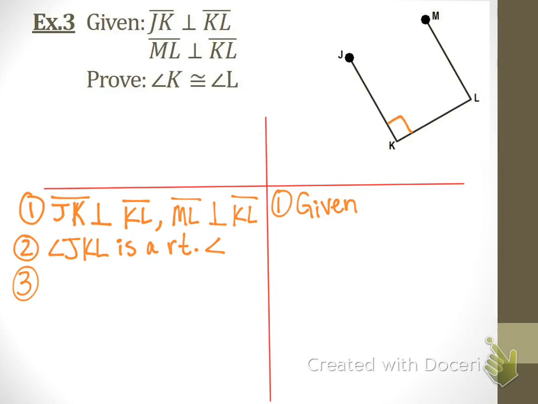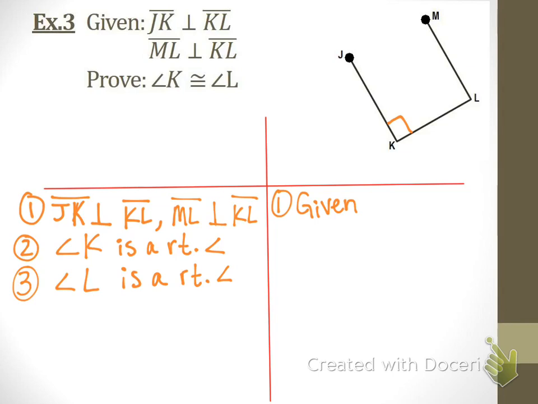So yes, Kara's right. We could just call this angle K and call the other one angle L. Okay, they're the same angle, so I'm fine either way. But Kara's right, it will flow a little better this way.